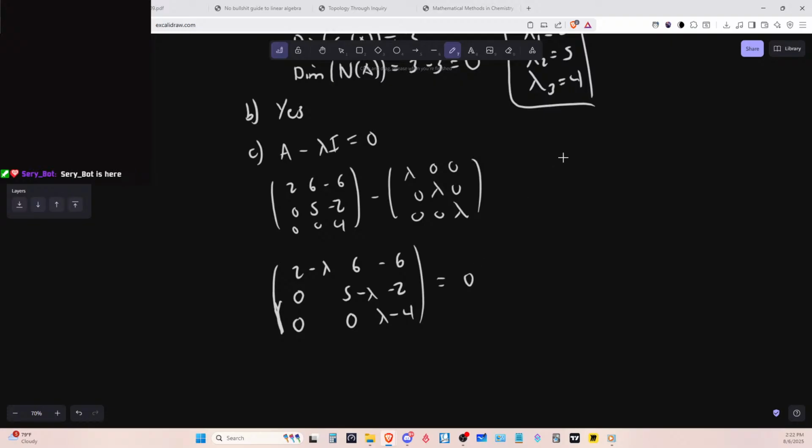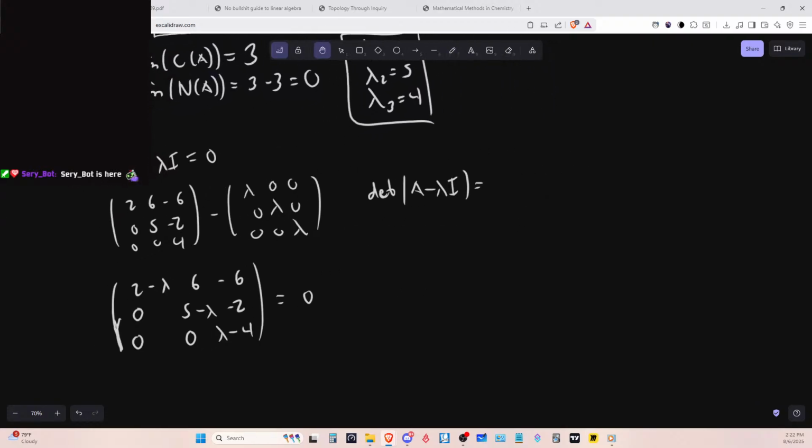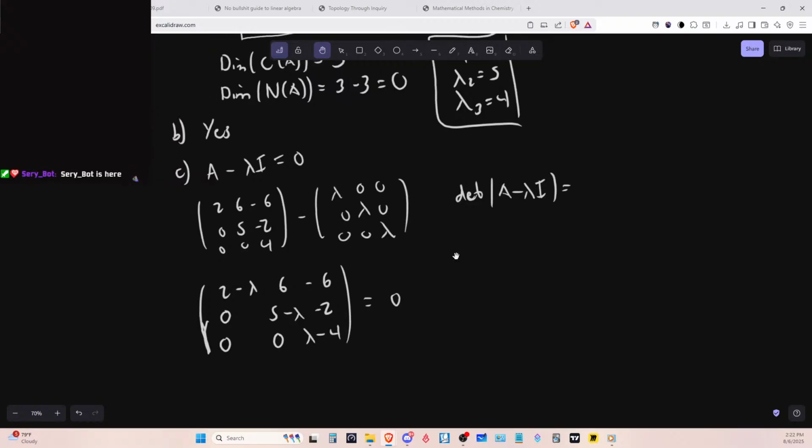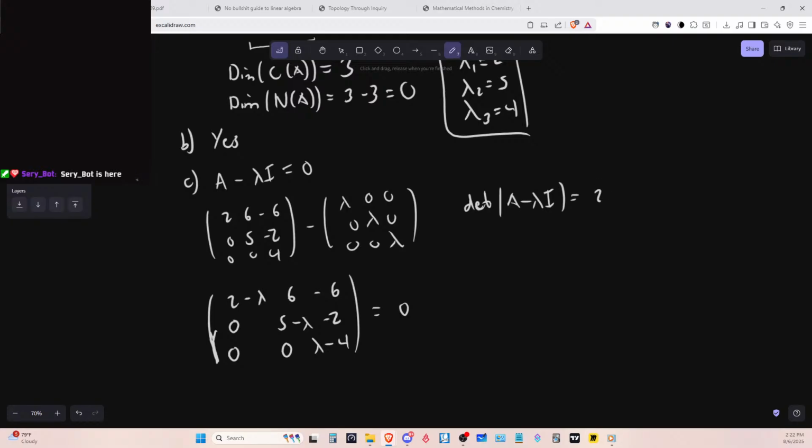So now we will take the determinant of A minus lambda I. That's minus 6, 0, 0, and 2, and 4.